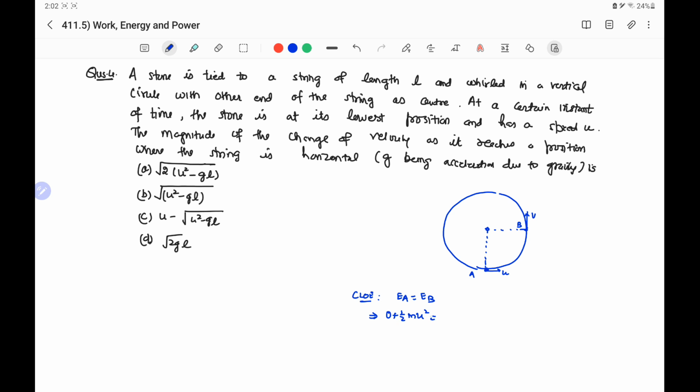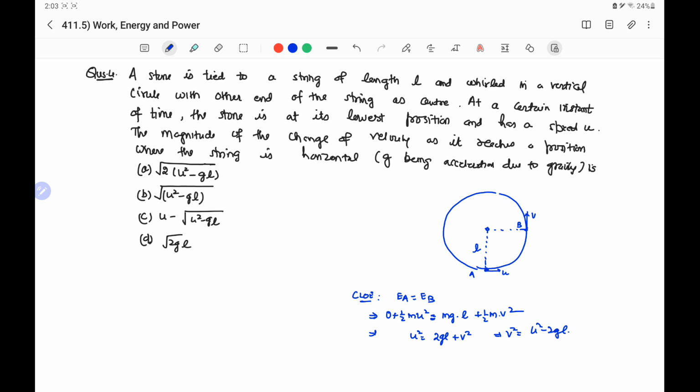It will be equal to the potential energy at point B, because the radius of the circle is L. So the potential energy will be mg into L plus half m v square, where the velocity at point B is v. Therefore, we can write u square equal to 2gl plus v square, or v square equal to u square minus 2gl.